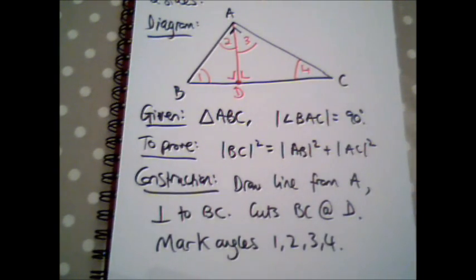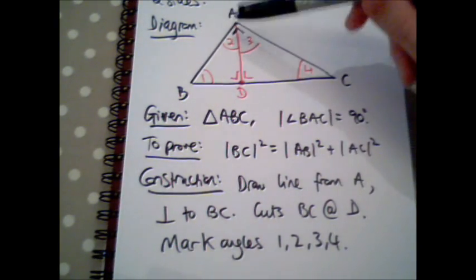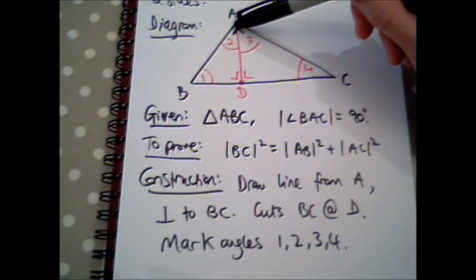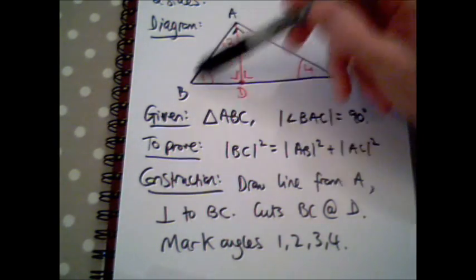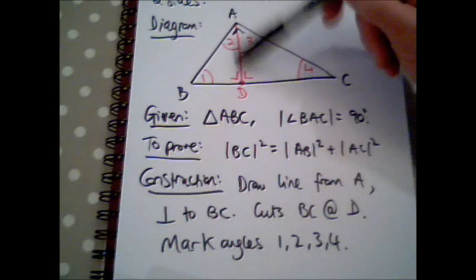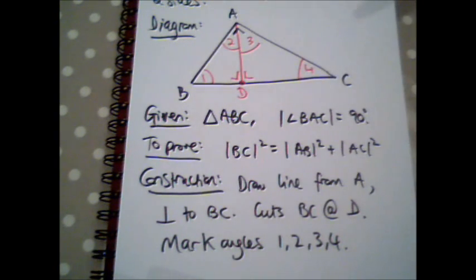Alright, now there are two steps. First of all, we're going to look at the big triangle, ABC, and this triangle ABD. And we're going to show that ABC and ABD are actually similar triangles. They have the same angles. And because they have the same angles, we can write down ratios of their sides.